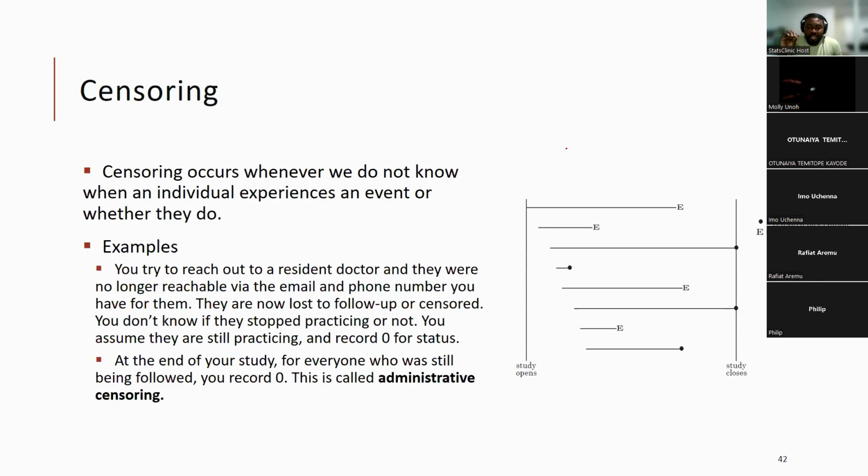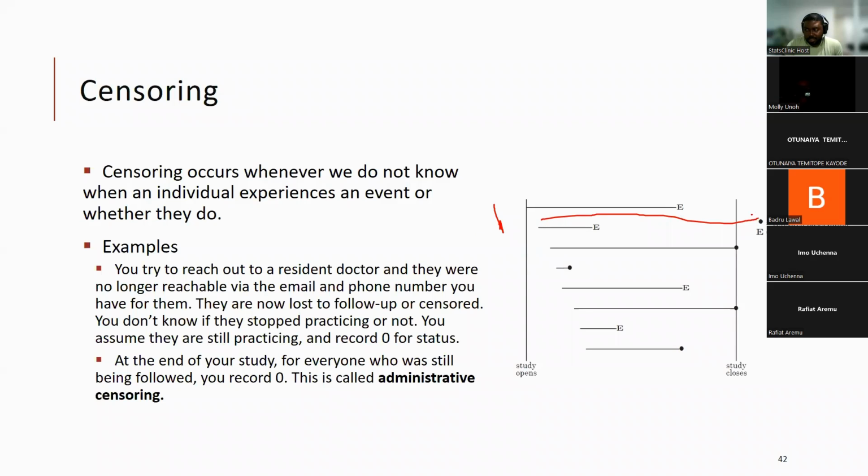All right. Now, we also talked about two other types of censoring. We said left censoring and right censoring. Does anybody remember and wants to tell us? If you remember, I said one is here and one is here.